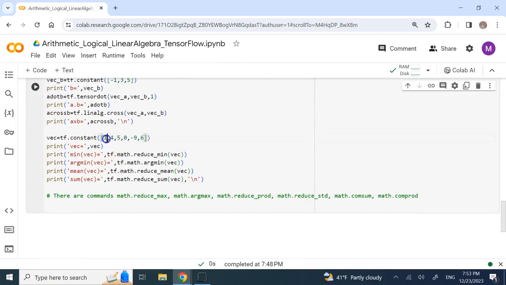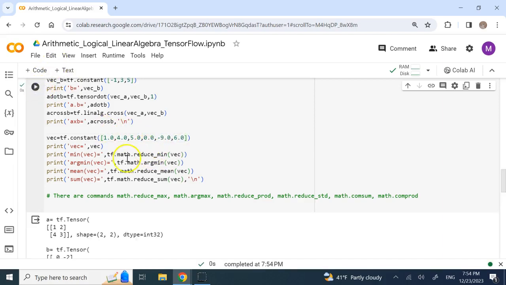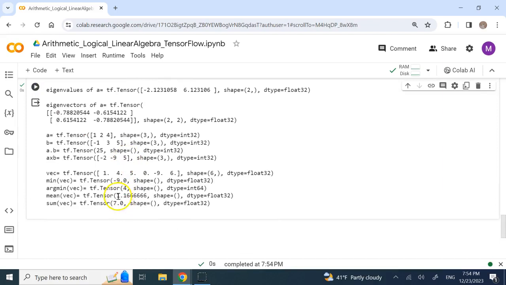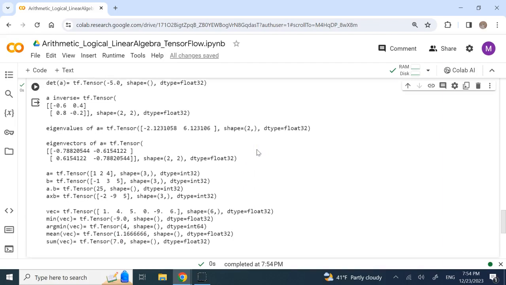I better come down here and I better add a .0, add a decimal. That should give me a lot more accurate results. So let's run it one more time. You see, now the average is 1.16. Okay, so be very careful about that.